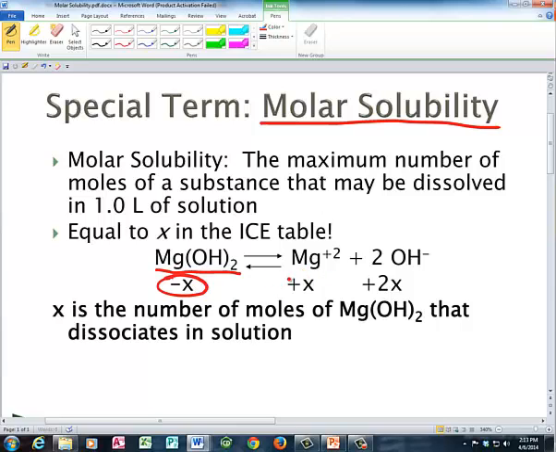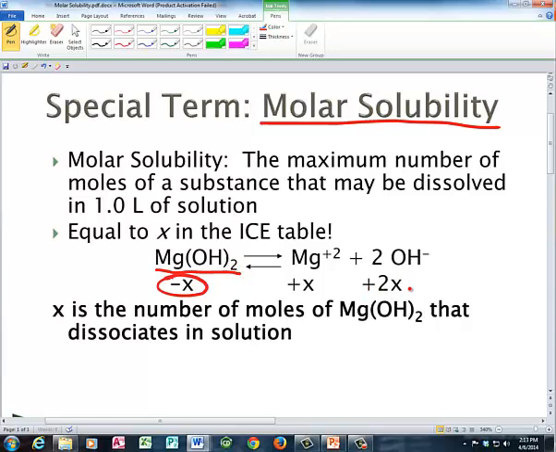So in the equilibrium line of our ICE table, we have plus X because we get 1 mole of magnesium ion every time 1 mole of magnesium hydroxide dissociates. You can tell that because the understood subscript of magnesium is 1. We also get 2 moles of hydroxide ion every time 1 mole of magnesium hydroxide dissociates, and you can tell that because the subscript of the hydroxide ion is 2.